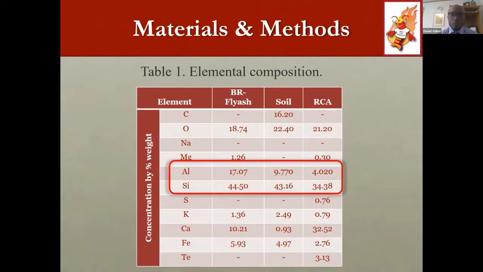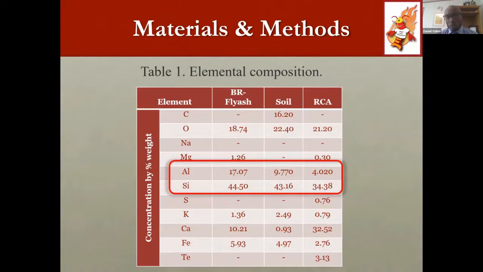We look at the fly ash that we sourced, and we can see that the ratio of aluminum to silicon there is encouraging, which is part of what drew our attention to this fly ash. We also look at the constituents of aluminum and silicon in the soil, and we see that it's also considerable.